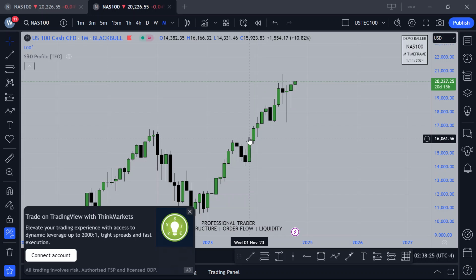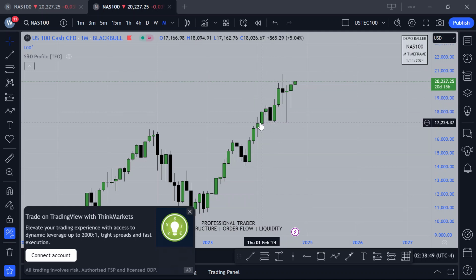Okay, so same as this. We had a pullback because the market attacked internal range liquidity, and then the liquidity that was resting above here was ran. So same as this.